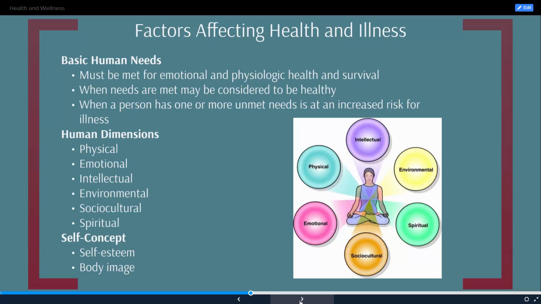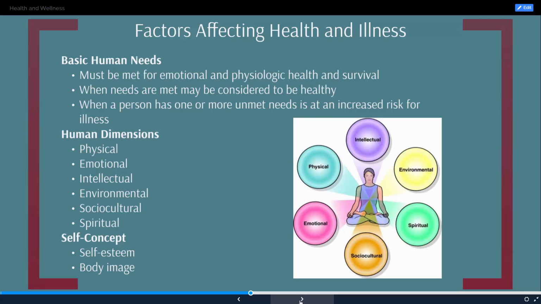So if somebody doesn't have their physical needs met, then it's more likely that they're going to have increased risk for illness. For example, if somebody lives in poverty or is homeless, and they have poor nutritional habits because they don't have money to buy food or nutritional food, then they are at increased risk for illnesses that go along with nutritional deficits, right?